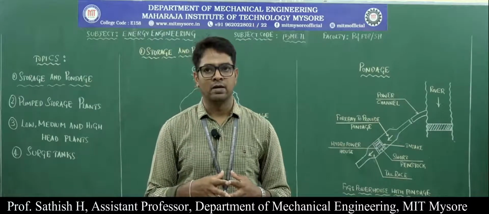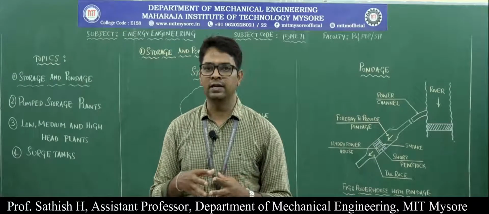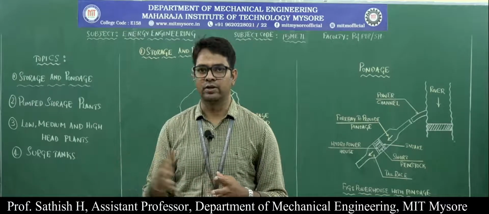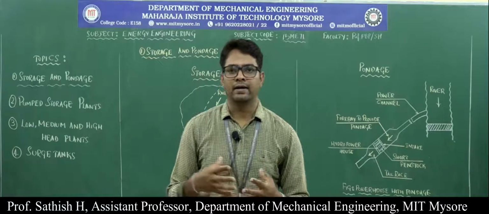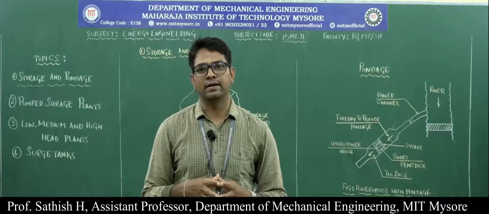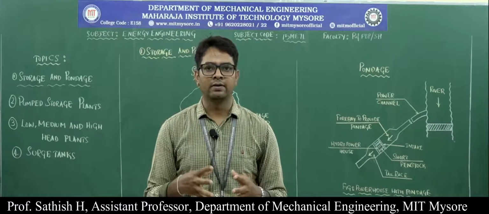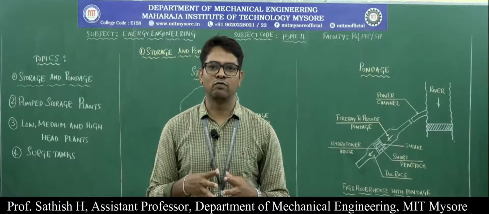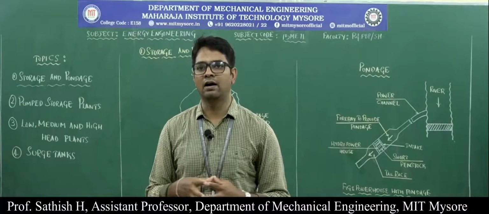It eventually ends up in the ocean or the sea. If we construct a reservoir or a dam across the flowing river, we can store a considerable amount of water and use it during the off seasons.